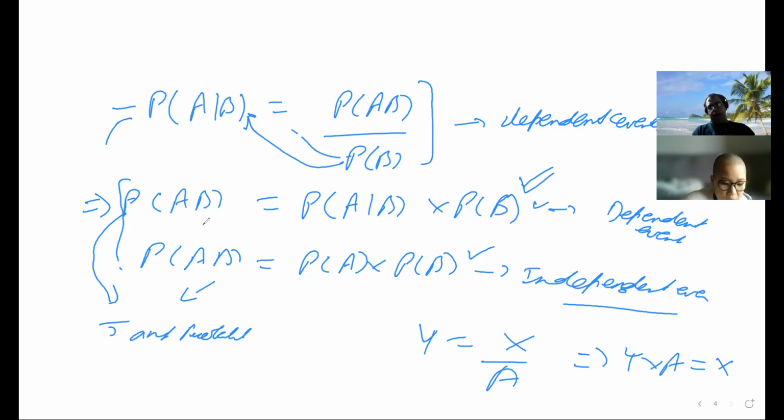Yes, you have to calculate that. First you have to see whether those two events are dependent or independent. When they're dependent events, you use this formula. And if they're independent events, then you use this formula to find the joint probability.